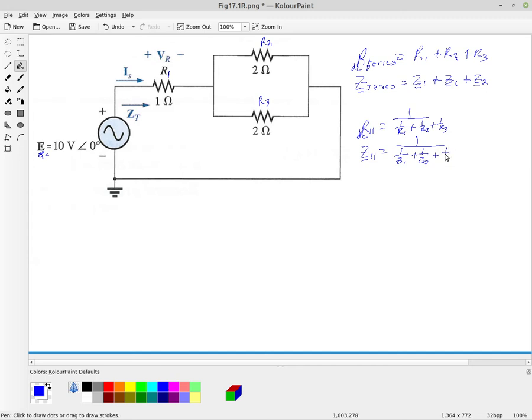Now again, in this particular circuit, I'm just starting off. I don't have any reactance. I only have resistance.